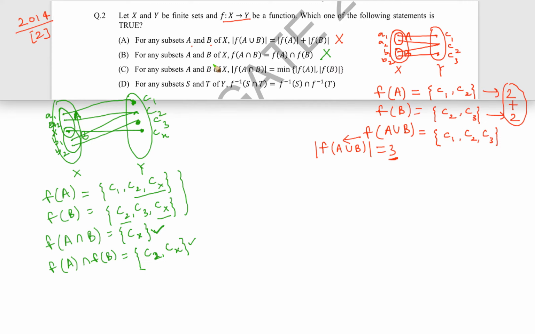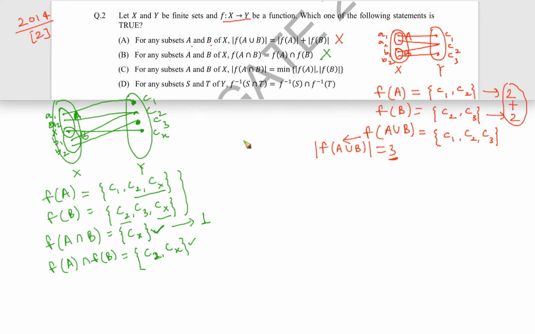For any subsets A and B of X, the cardinality of f of A intersection B is equal to the minimum of Fa cardinality and Fb cardinality, and that we can directly see from this example only. So f of A intersection B, what is the cardinality? That left hand side is 1 basically.